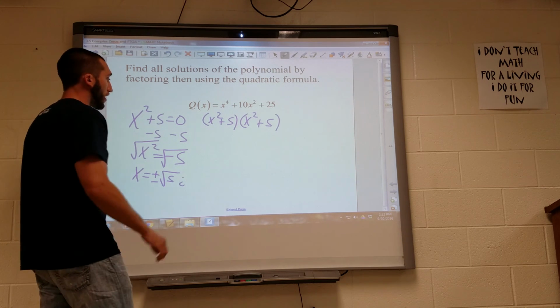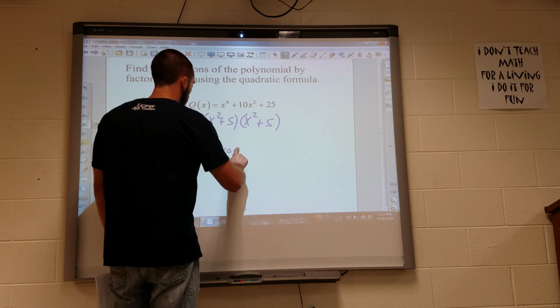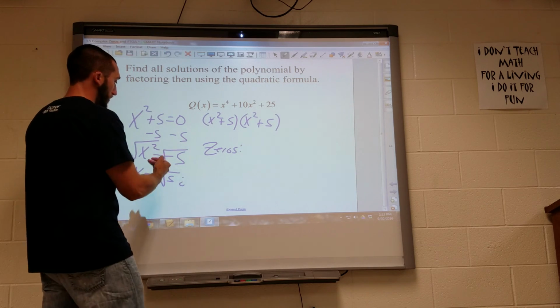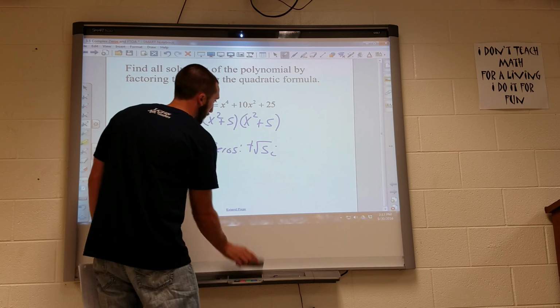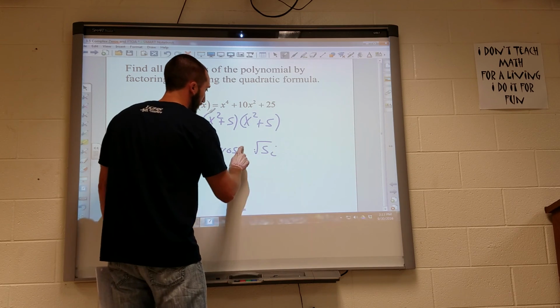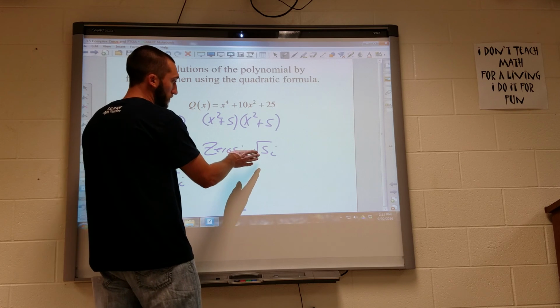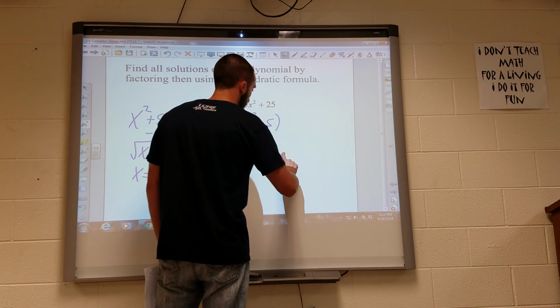So all together our zeros, we have positive square root 5i, and I won't even write the positive because that's normally not how we write it. So we just have square root 5i multiplicity 2.